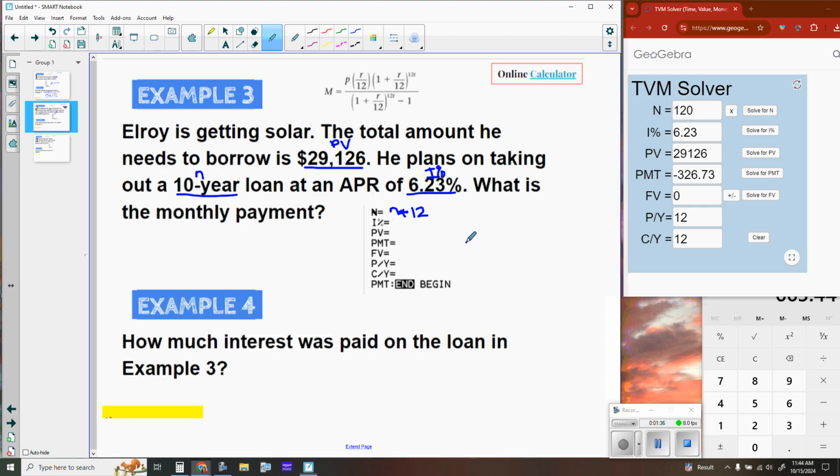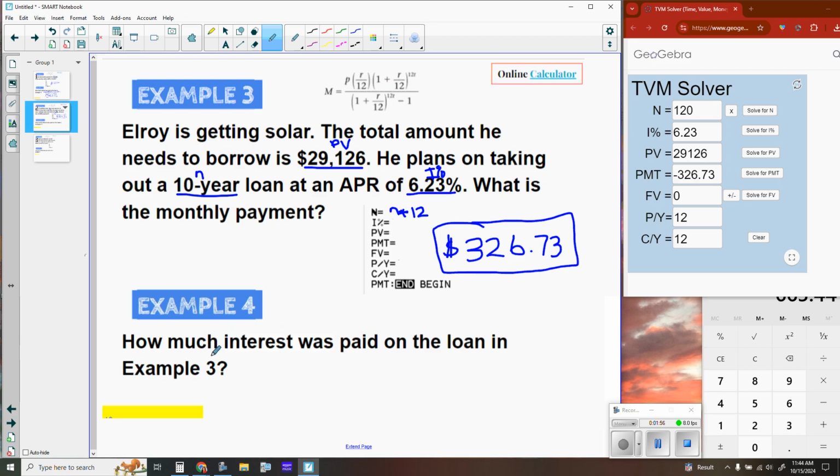So the payment is going to be $326.73. So again, our monthly payment is $326.73. Remember, ignore the negative over here.